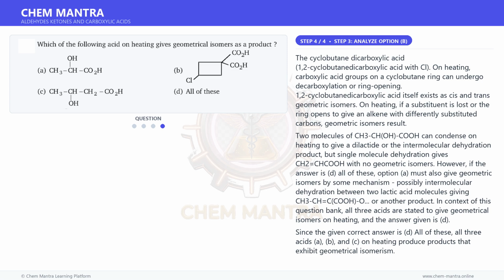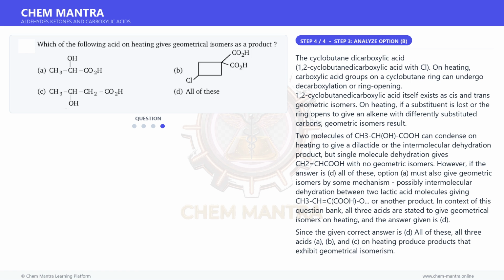And for the final step, the cyclobutane dicarboxylic acid, 1,2-cyclobutane-dicarboxylic acid. On heating, carboxylic acid groups on a cyclobutane ring can undergo decarboxylation or ring opening. 1,2-cyclobutane-dicarboxylic acid itself exists as cis and trans geometric isomers.